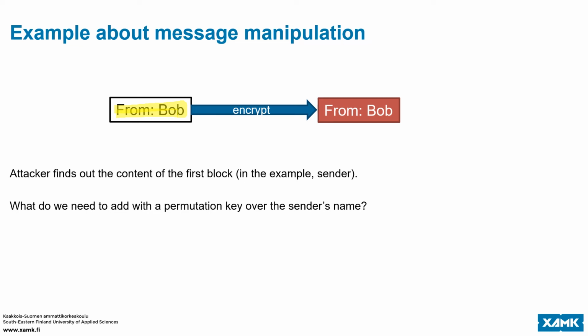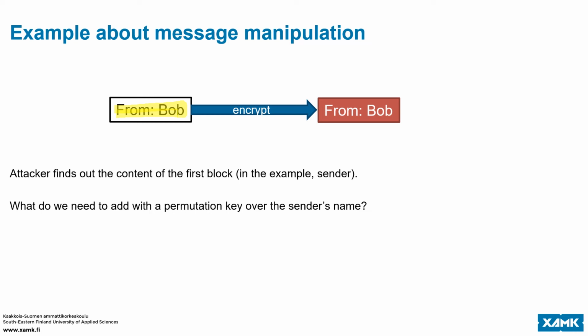The remainder of the message is still unknown to the attacker, but let's say they have guessed that the sender is indeed Bob. So that means that the attacker can guess that the text in the first block will say From: Bob, because that's usually how emails start.